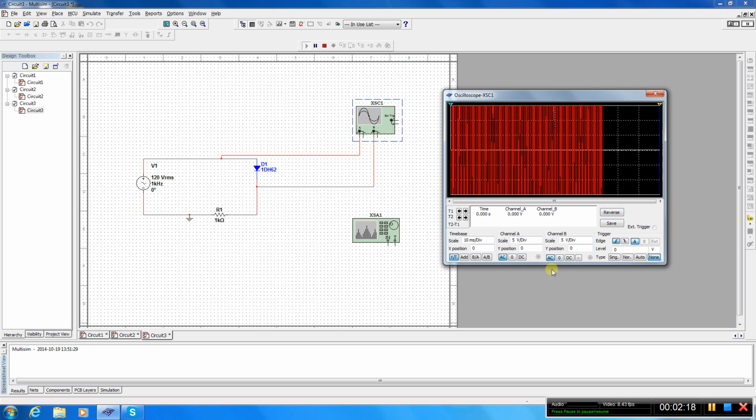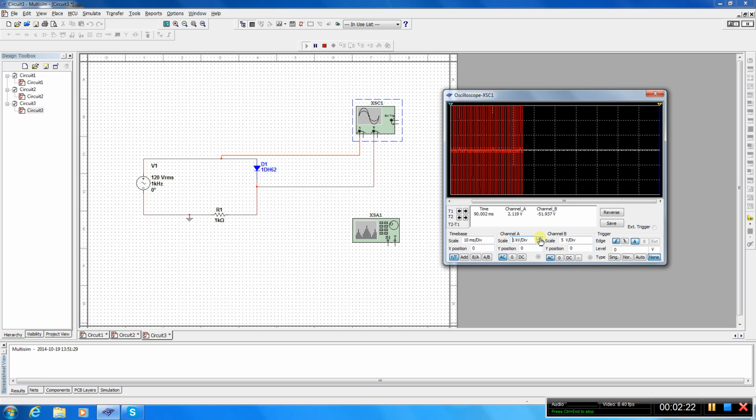So as you see, the scale is not appropriate, both for X and Y. Okay, so first of all, I'll pause it.